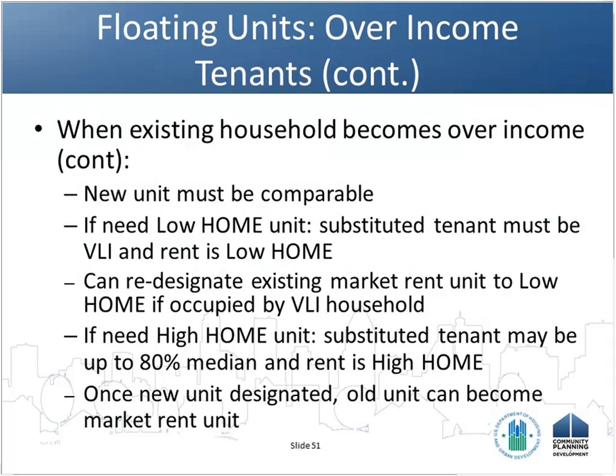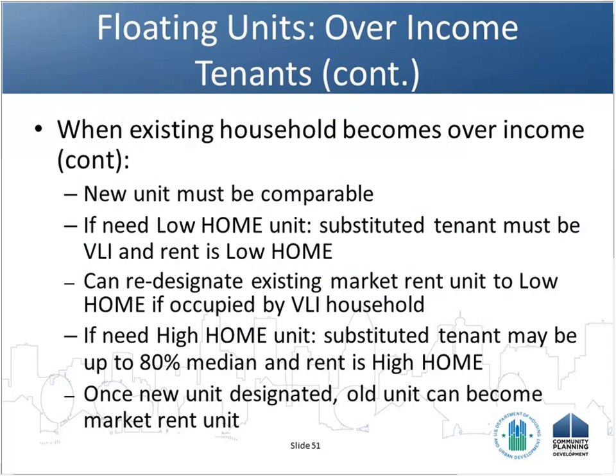When we have our floating units and we have over-income tenants, we're going to look to a number of solutions. That would include the next unit that becomes available that's deemed comparable, and we could then rent that to another income-eligible household and designate that as our HOME unit.